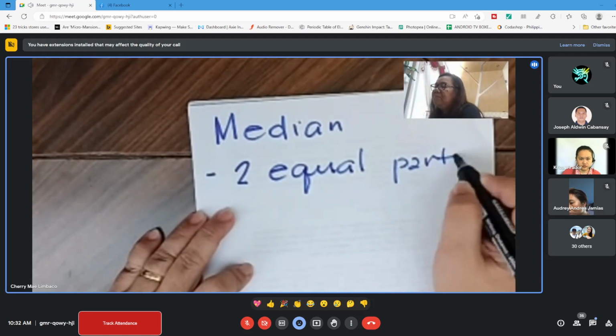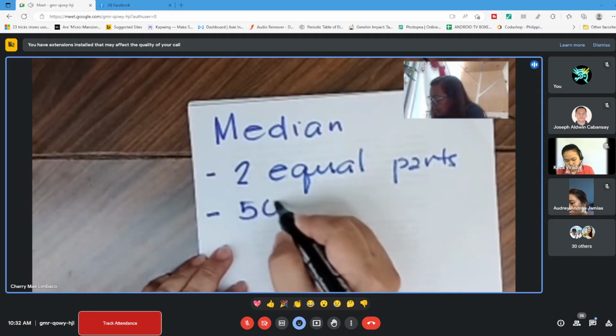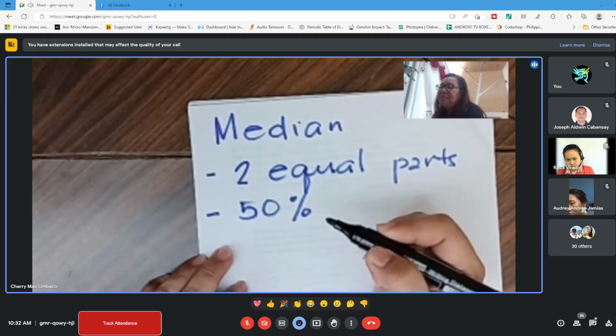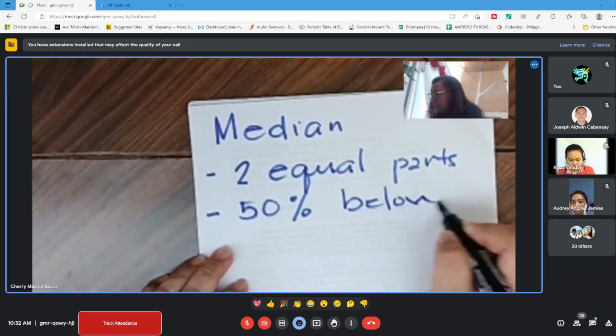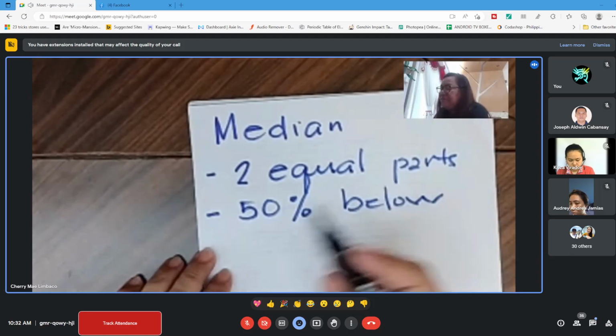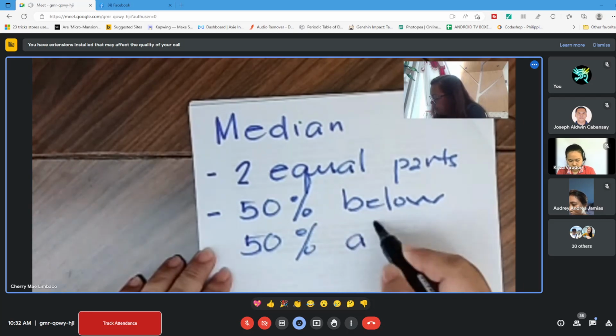2 equal parts. In other words, you have 50% below the median, and you have another 50% above the median.